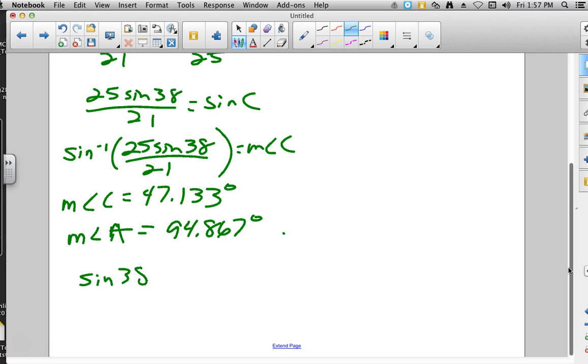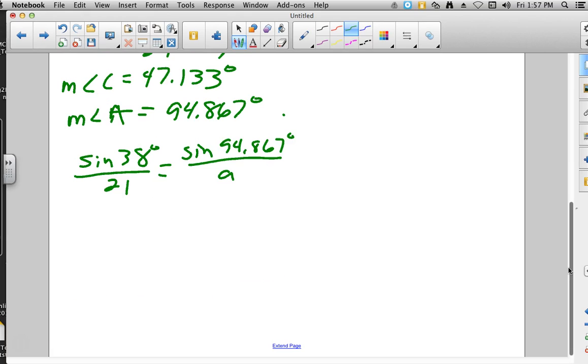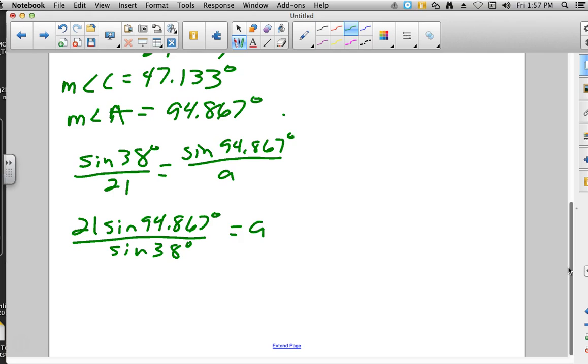And again, we're going to keep using that pair of angle and side opposite that they gave to us. Sine of 38 degrees over 21 equals. But now if I want to figure out what side A is, I'm going to have to use something that I had to figure out. So that's the sine of 94.867. We would cross multiply and divide in order to get A all by itself.